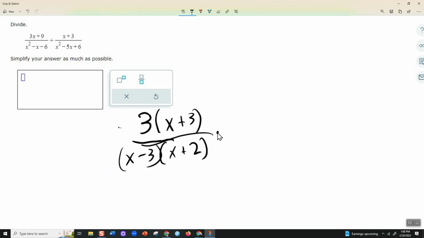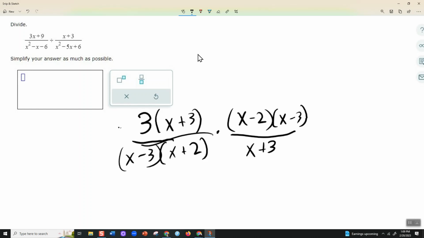Yeah. Okay, we're going to be multiplying by the reciprocal here, so I'm going to factor this one. This one is x minus 2 times x minus 3. It's going on top now because I'm dividing, or multiplying by the reciprocal. x minus 2, x minus 3. That adds up to negative 5, multiplies to 6. And then on the bottom, I've got another x plus 3.